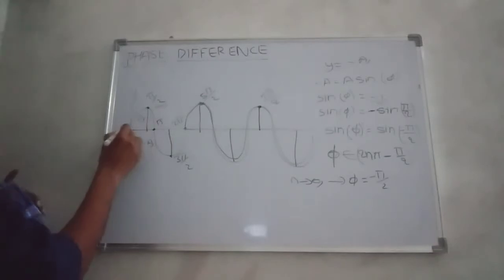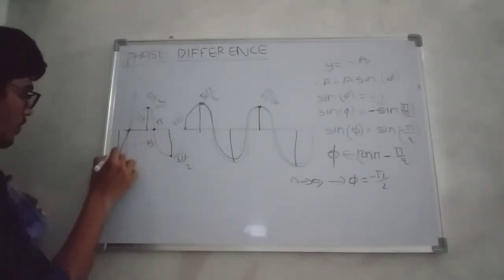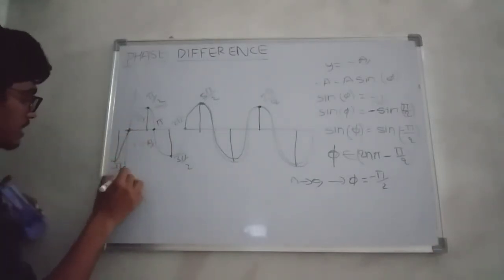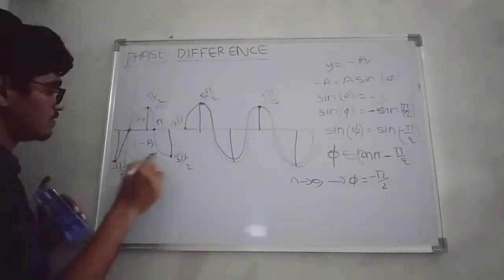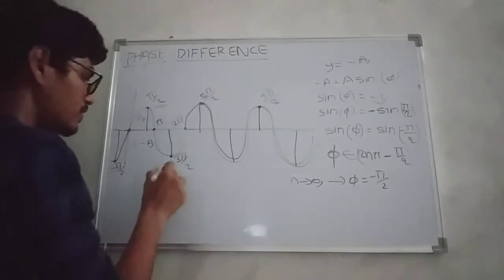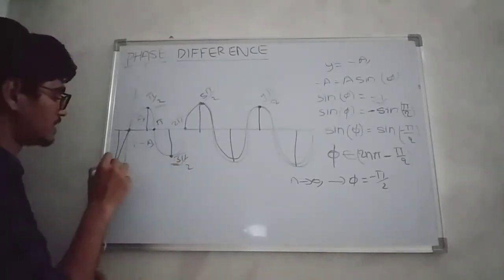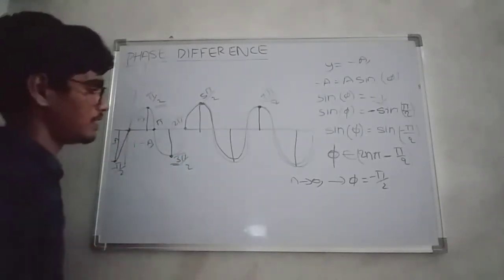That means if we extend this back, at this position, minus pi by 2, we will get a phase which is equal to this position of particle, which is equal to minus a.